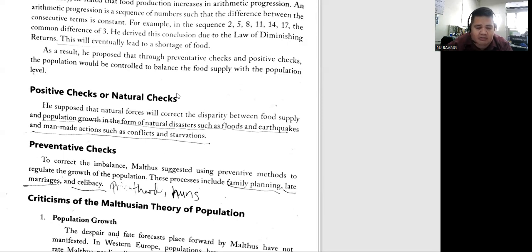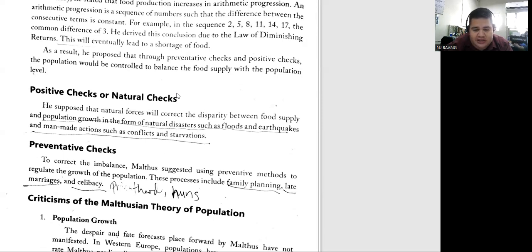And del Norte. So that is between the food supply and population growth. If the food supply is at its lowest point, then the population growth is also unequal.